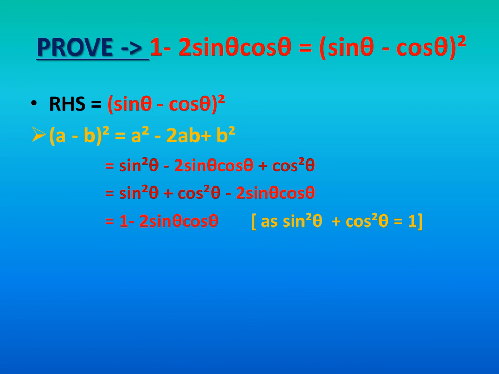Where has this 1 come from? This sine square theta plus cos square theta, we have studied in the previous slides, is equal to 1. So here we put 1 minus 2 sine theta cos theta. This is equal to the LHS of the given equation. So hence we have proved this equation.